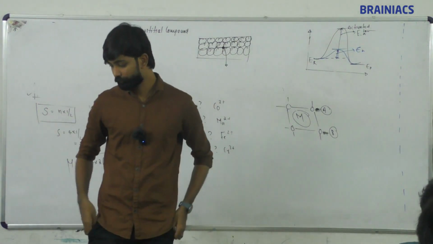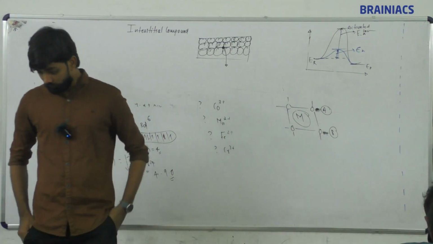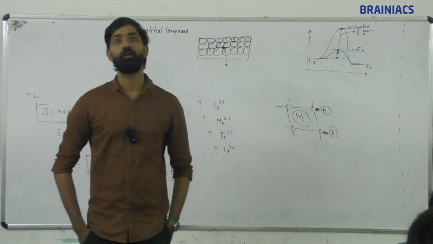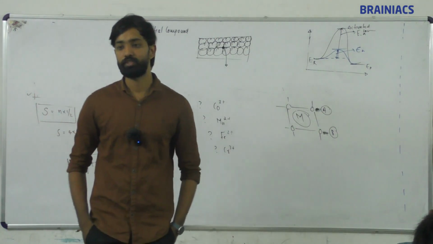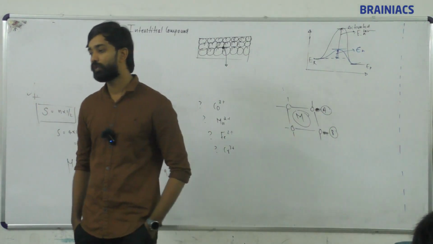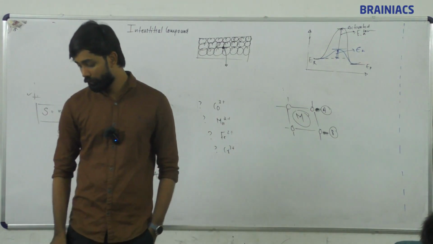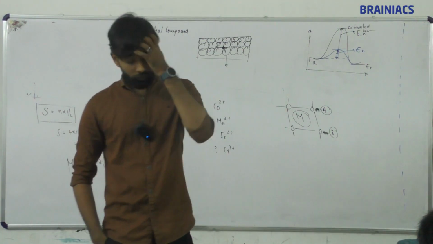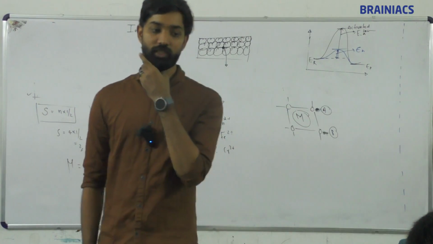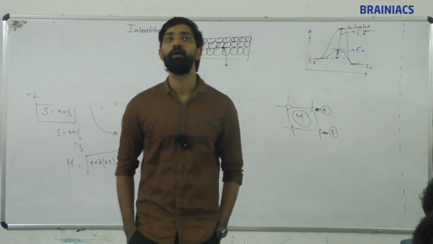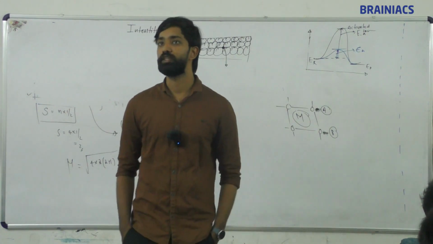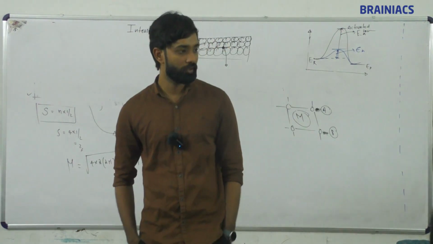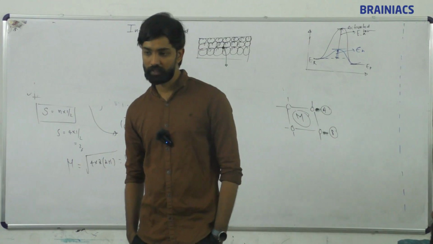Okay, so write one point. Transition metal can trap small atoms like carbon, hydrogen, nitrogen in the interstitial space of the crystal lattice.